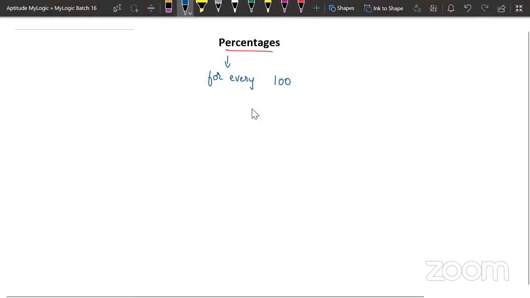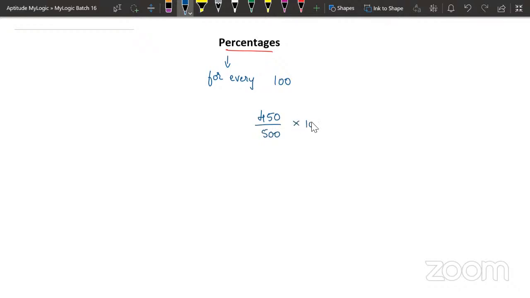Say for example, if your score is 450 out of 500, this is the total score that you have got. So you will be calculating for 100 how much is the marks. Accordingly, you will get 90. So we say that the percentage is 90%. That means for every 100, your marks is 90. It does not mean in every paper you have got 90 marks. It means that you have got 90% in total. Overall, you have got 90%. That is the meaning of percentages.